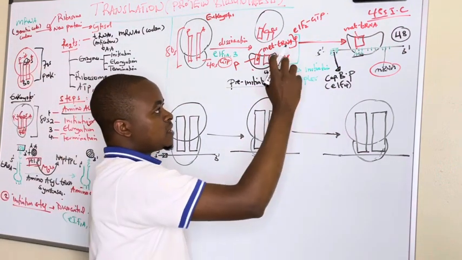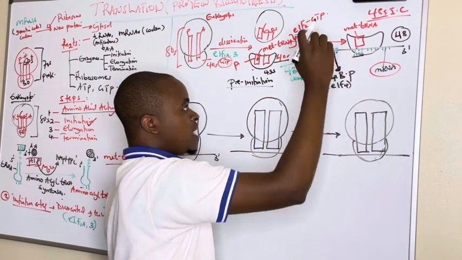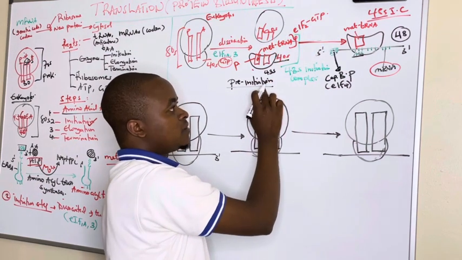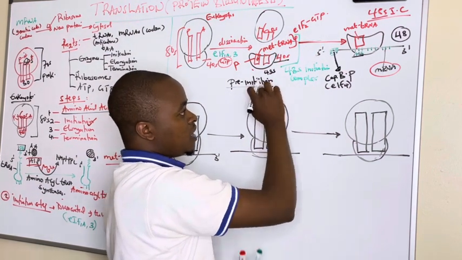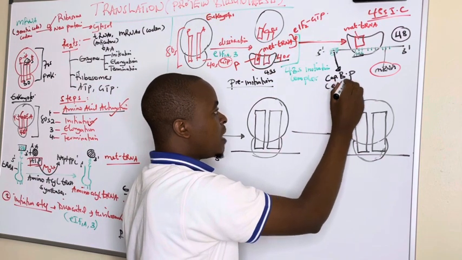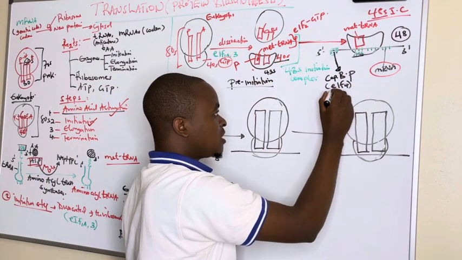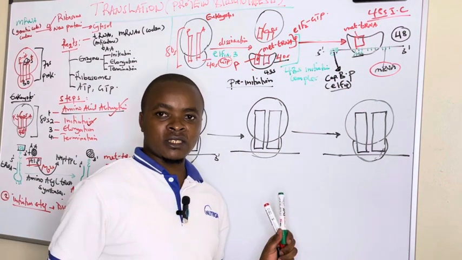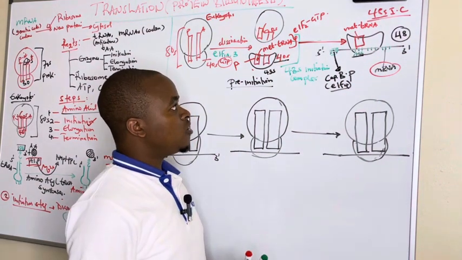So when the messenger RNA binds to the 43 pre-initiation complex in the presence of cap binding protein, or eukaryotic initiation factor 4, that's when we form a 48S initiation complex.